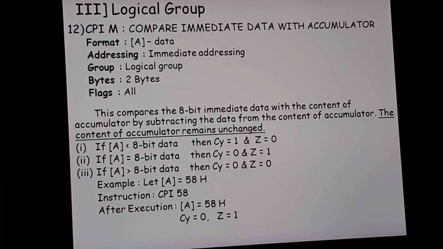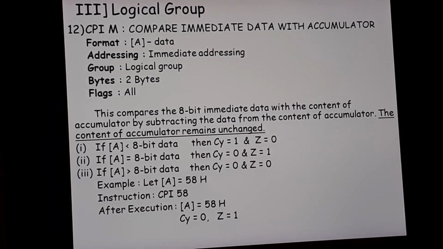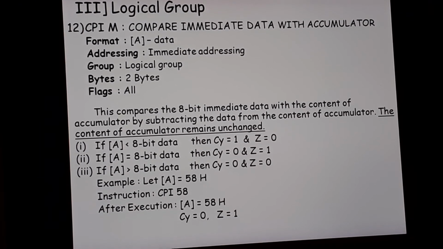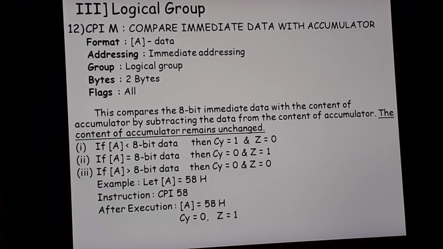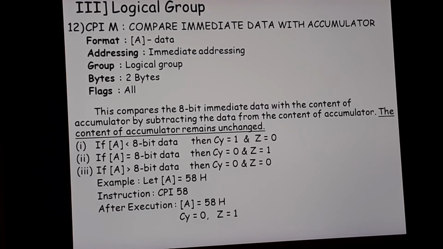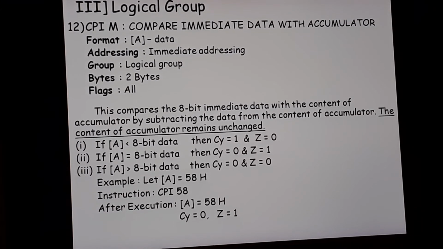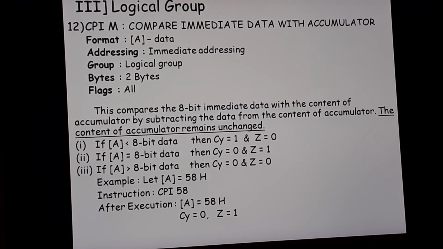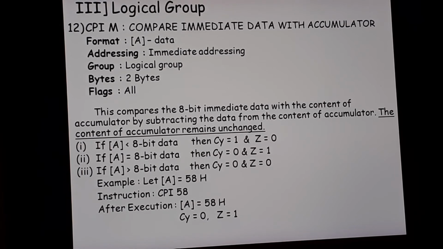So we followed these three rules in all three instructions. There is only a short mistake in this particular instruction, CPI data. Instead of writing M, you will cut that M and write data, which I forgot to write. Okay. So you need to learn these three rules and the format, which is subtraction, but we do not perform the subtraction.